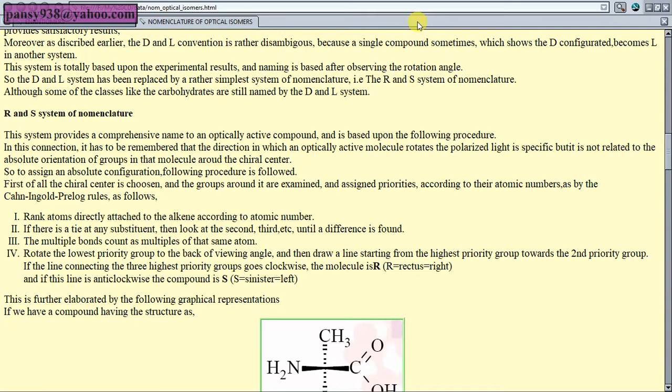So if there are 4 or even more chiral carbons, it can be represented satisfactorily and can be named with a clear view using this system.